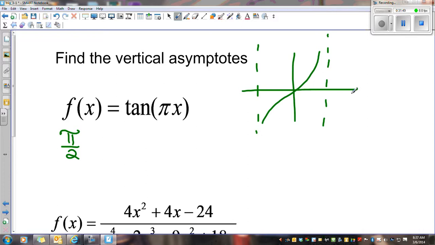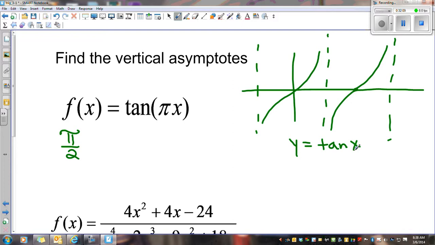He keeps telling us, I have to add. But this graph here is y equals tan x. This is not this.